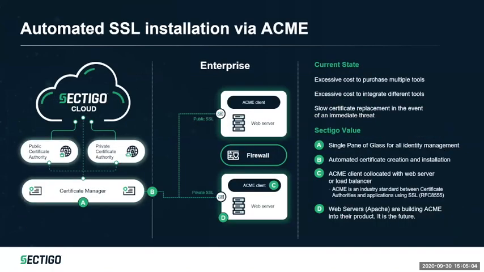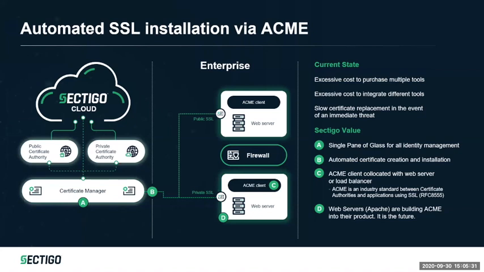So first, let me talk about ACME. The diagram on the left-hand side shows the overall architecture. With ACME, we can automate the lifecycle management of publicly trusted SSL certificates. In October, we'll roll out privately trusted SSL certificate management over ACME as well.